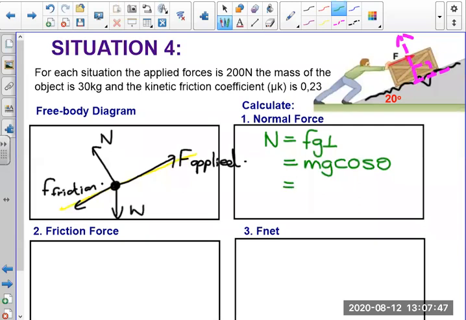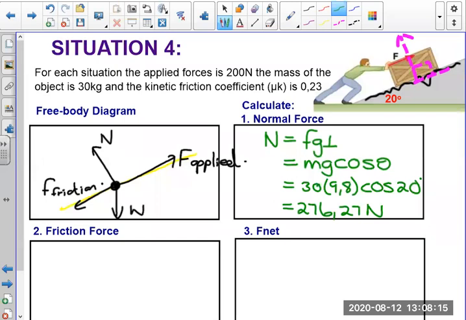Which is then the mass of this object, 30 times 9,8 cos, and the slope is 20. Okay. And then when I work this out, I'm going to get an answer of 276.27 newtons. Okay. Right, so that's the answer.